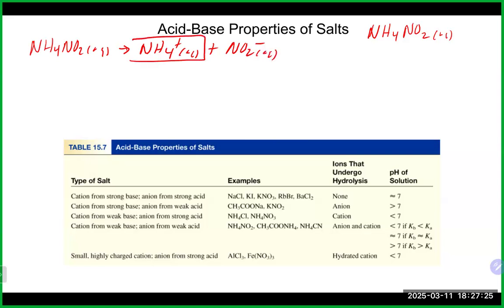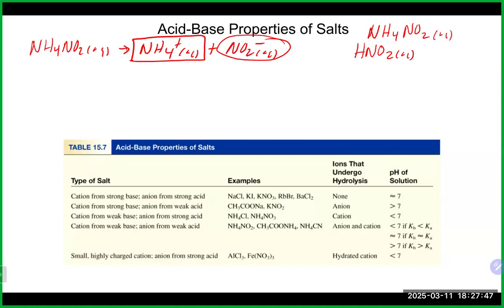So we know from our last problem that this guy will go through hydrolysis. How about this guy? Will this guy go through hydrolysis? What acid do we think that came from? Close. It came from HNO2, which is nitrous acid, which is actually a weak acid.